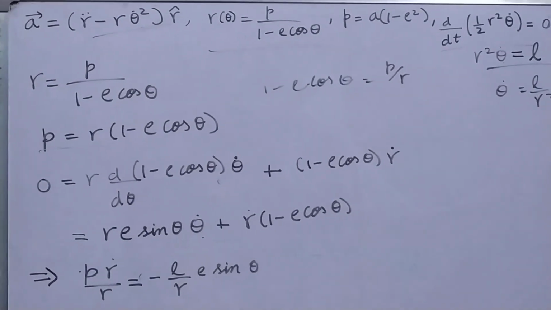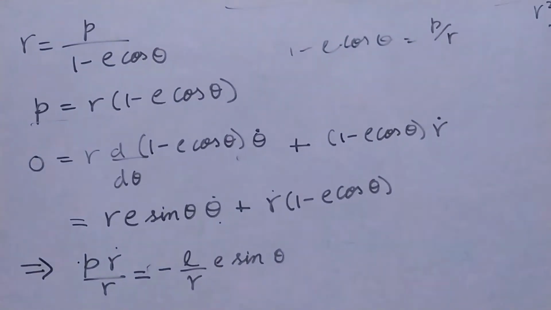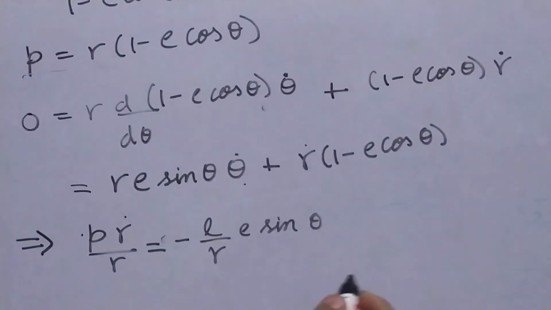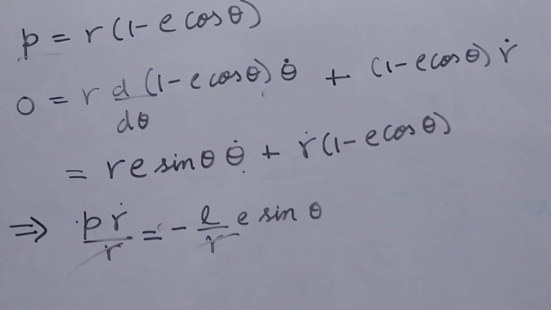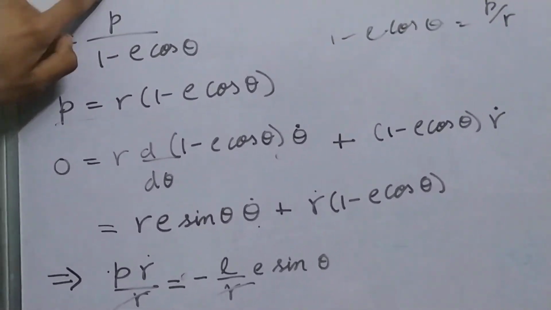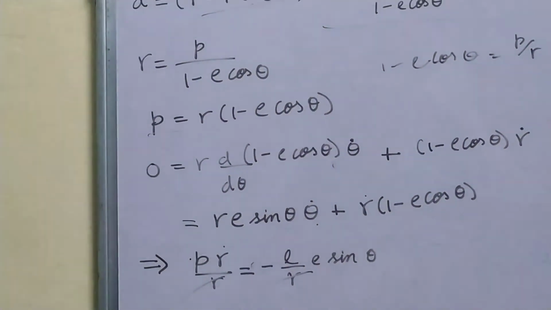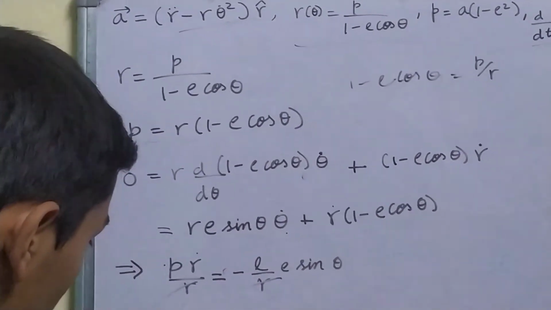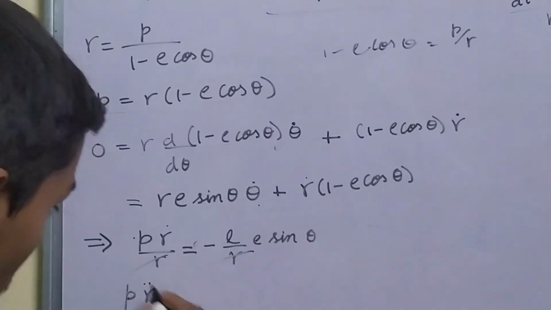Alright, now the r's go away, it's easy. So we have r dot and we need r double dot, therefore we differentiate again. Okay, so we get p r double dot.